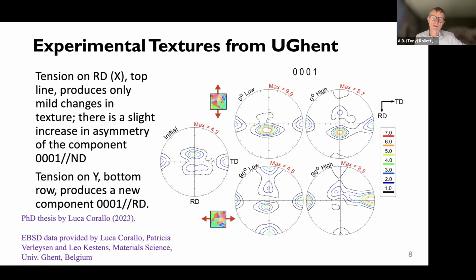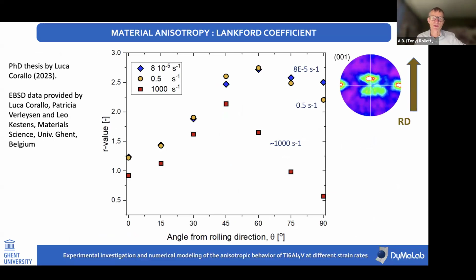So there's a mild difference in texture, but here's the real meat of this story, which is these points are the R values that Luca measured. And you notice that there are 3 different strain rates. Sorry, I said 10 to the minus 4. I should have said something a little under 10 to the minus 4, the blue points.